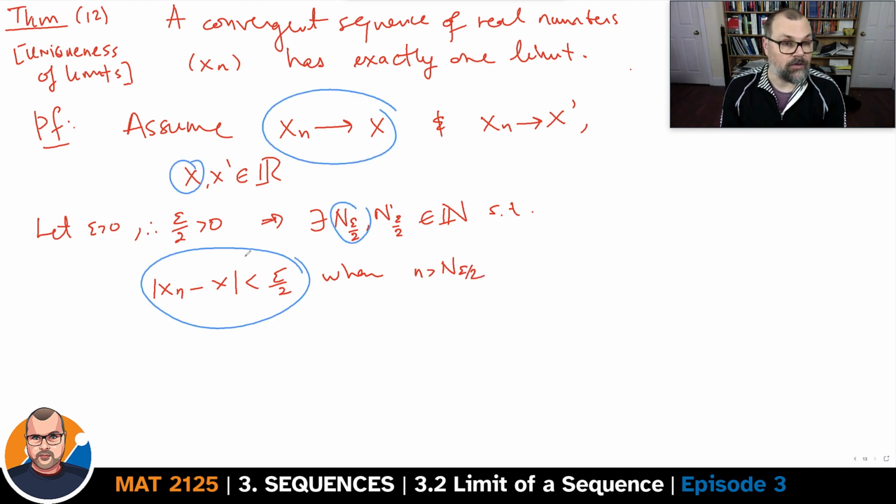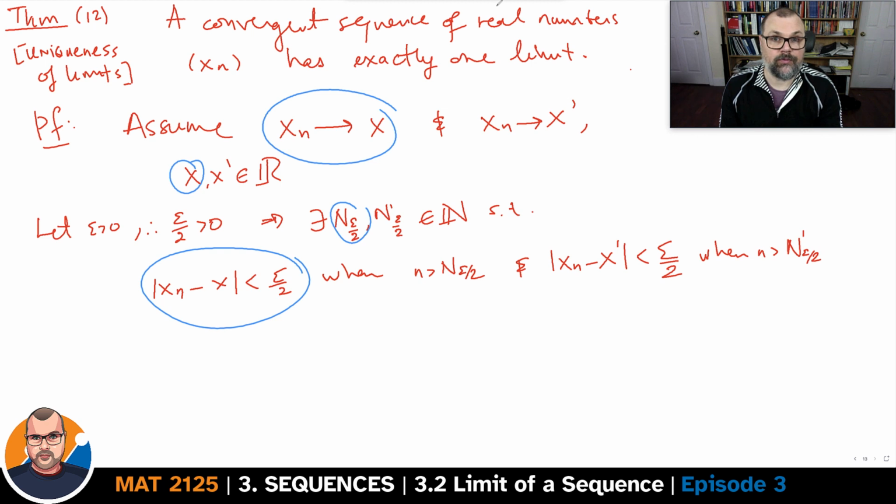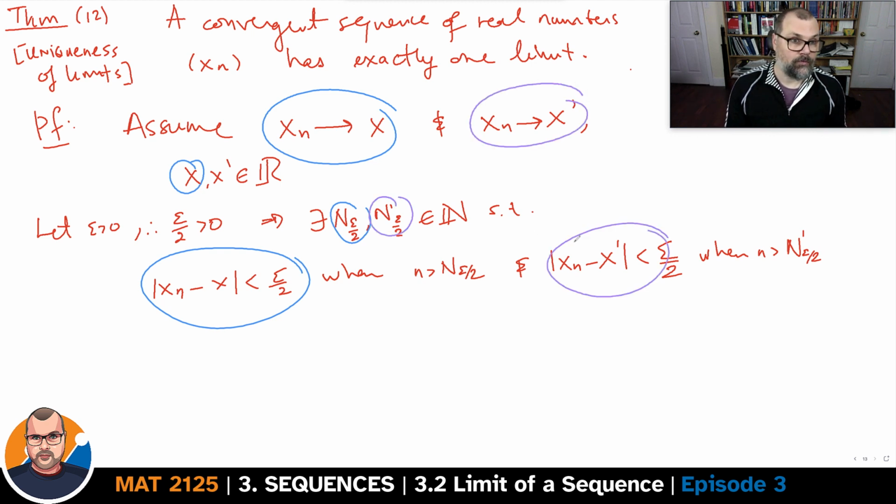We're talking about convergence to the first limit. |xn minus x prime| is smaller than epsilon over 2 when n is greater than n prime epsilon over 2. Convergence to the second limit.